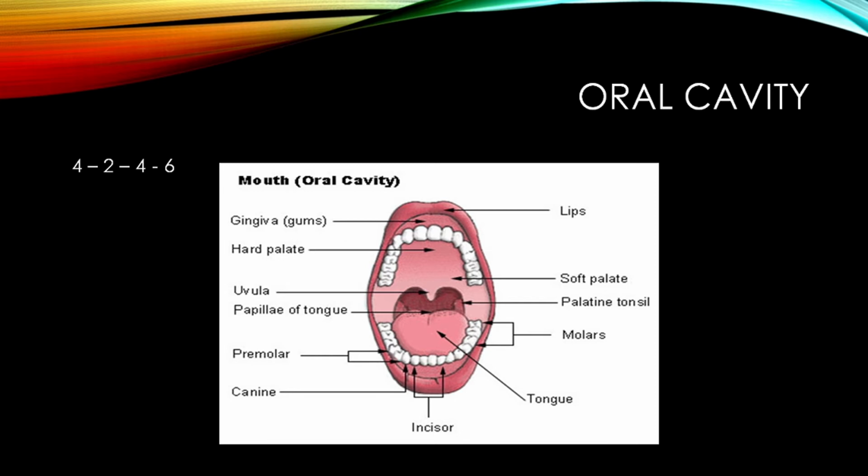The function of the canine is tearing and shredding the food. Then two next to the canine, those are the premolars, which help in chewing the food. Then the last 3, on the left and right side, are the molars, which help in grinding and chewing the food before swallowing.